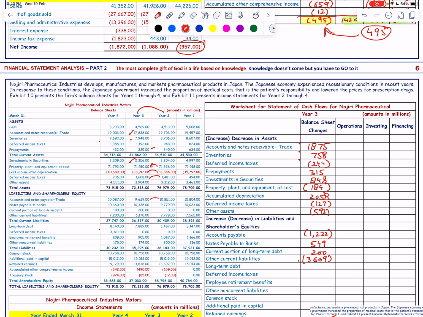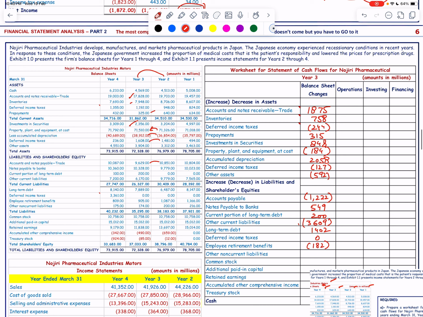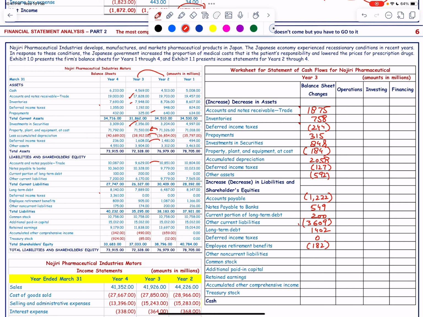Long term debt, there is an increase of 1402. Then deferred income tax, no changes. Employee retirement benefit, there is a decrease of 182. Then we have other non-current liabilities, and there is a decrease by 26.